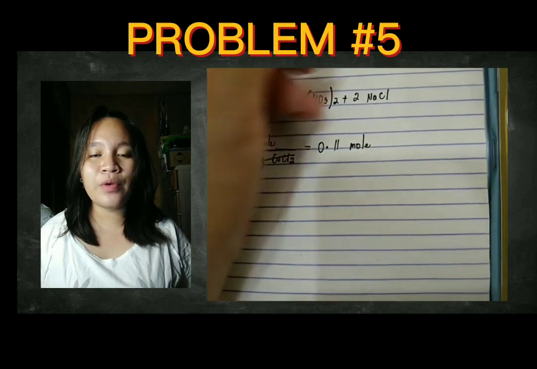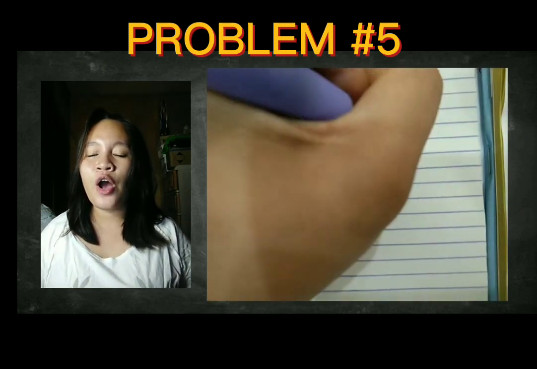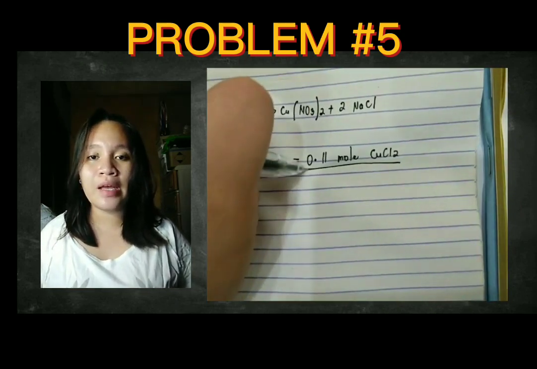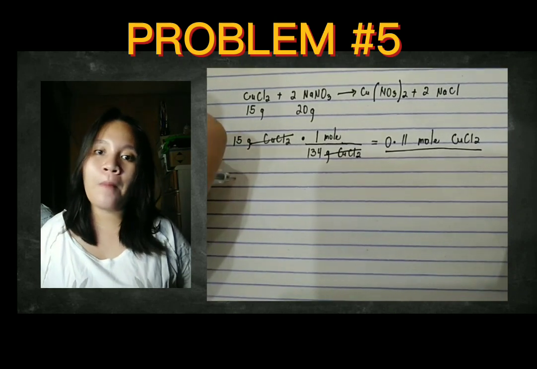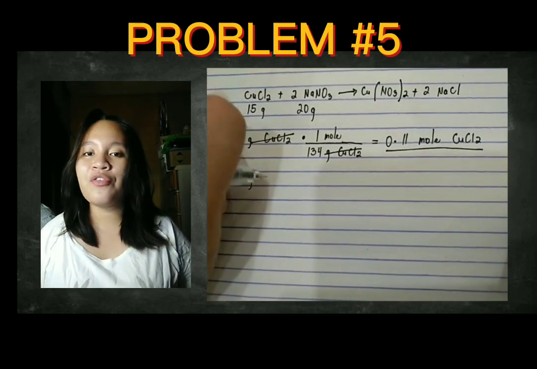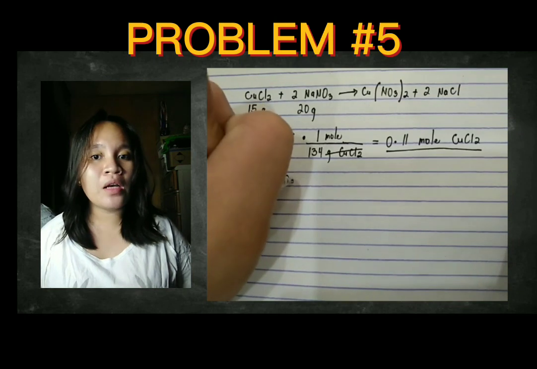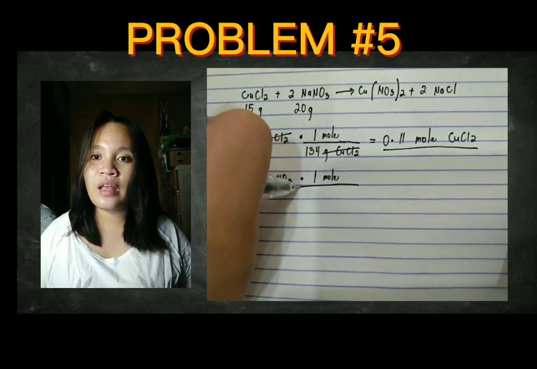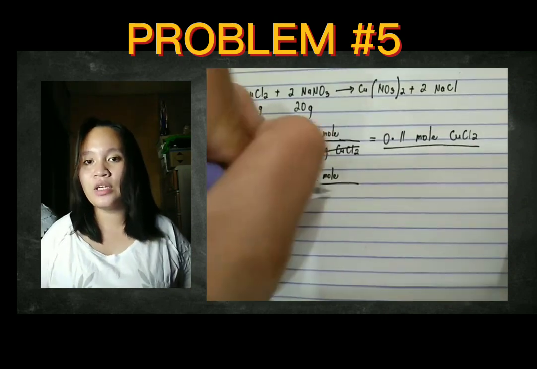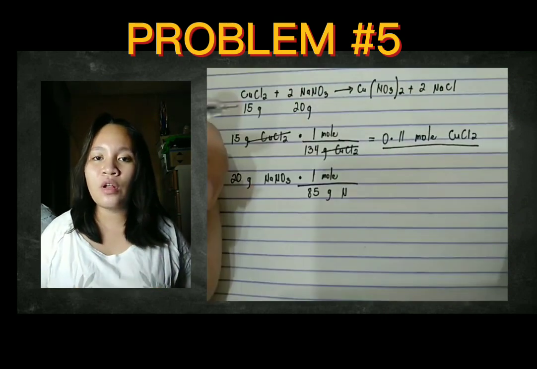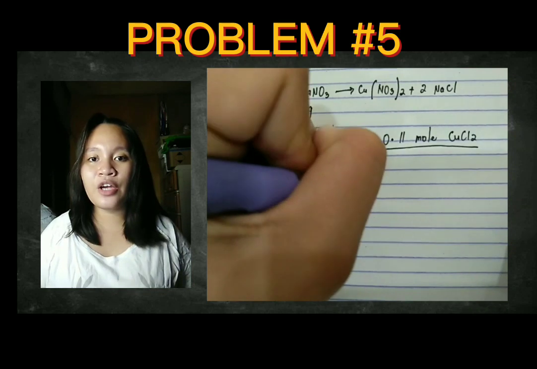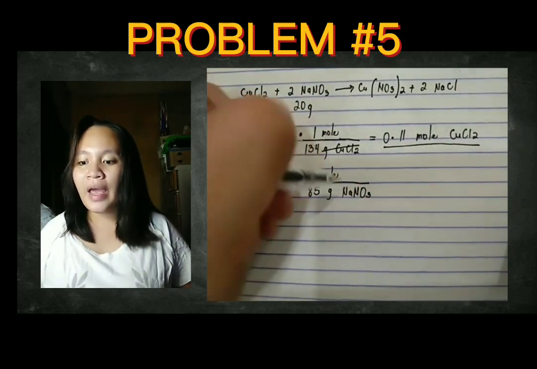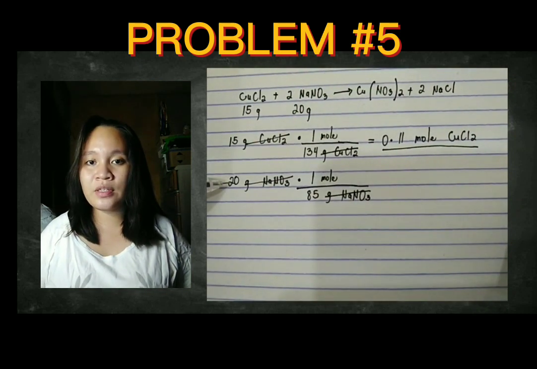The same with the second given, 20 grams of sodium nitrate multiplied with 1 mole, and after multiplying, find the molar mass of the involved elements, which are sodium, nitrogen, and oxygen. Upon solving the molar mass, the result is 85 grams.